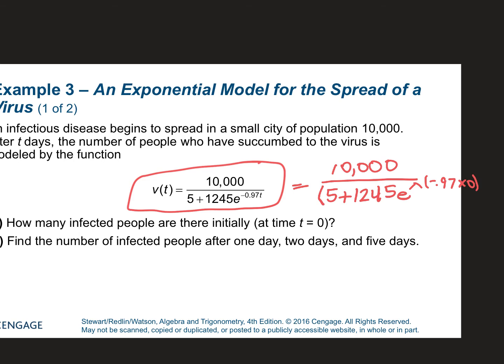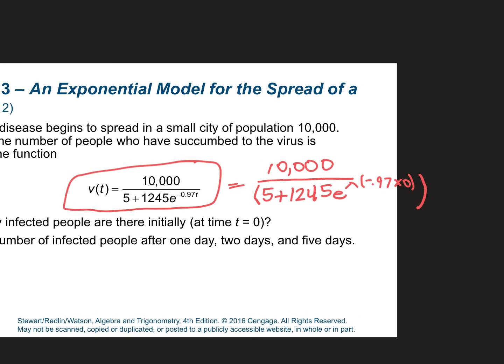Close that parenthesis. Then you have to close the whole parenthesis on the bottom. So just like we did yesterday with our interest formula, we have that double parenthesis. You have to tell the calculator to do everything in the bottom and then do 10,000 divided by everything in the bottom. So try doing that right now.